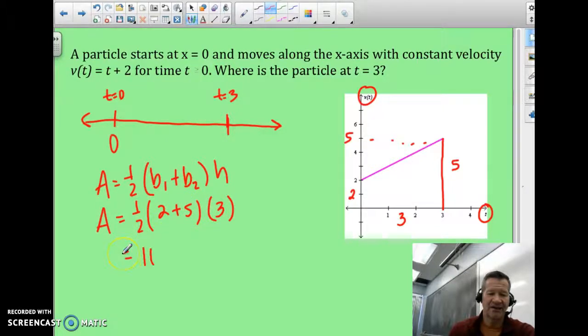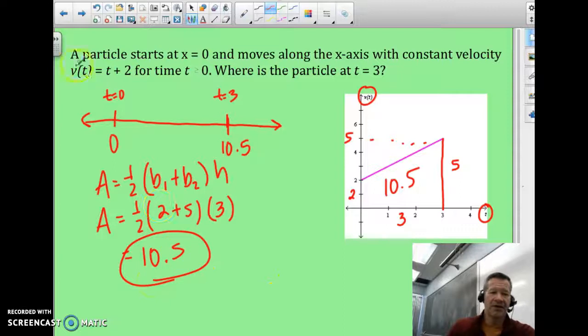That would be 10 and 1/2. They didn't give us units, so we have no units. So this area here is 10 and 1/2. That happens to be the distance traveled. So since it started at 0, in those 3 seconds, it moved a total of 10 and 1/2 units, and so now it'll be at 10 and 1/2. So there's our answer.